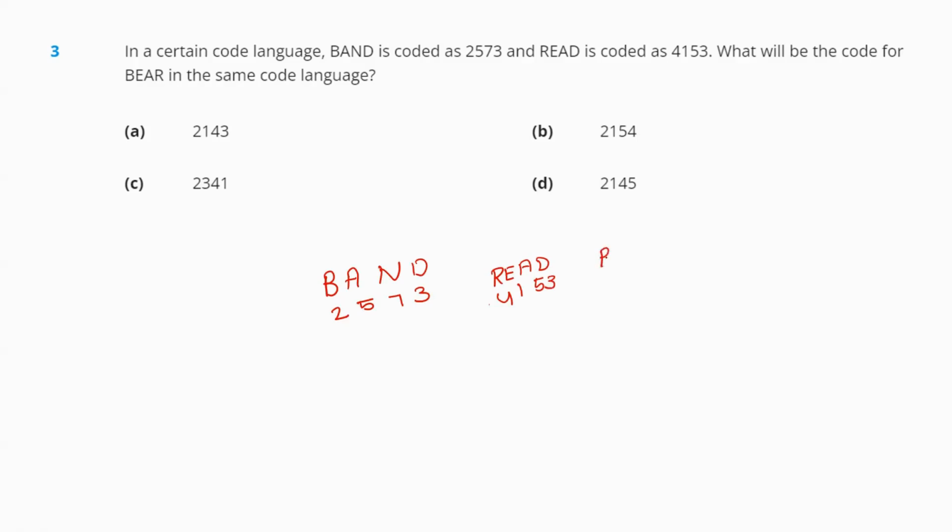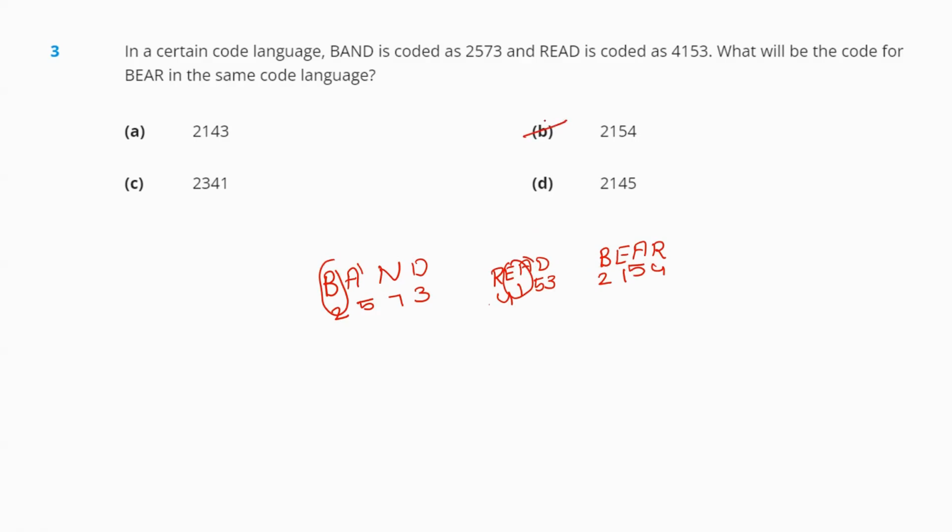So BEAR is coded as, for B it is 2, for E it is 1, we see that A and A are similar in both, so it is 5, and for R it is 4. 2154 is our correct answer. So our answer B is the correct answer.